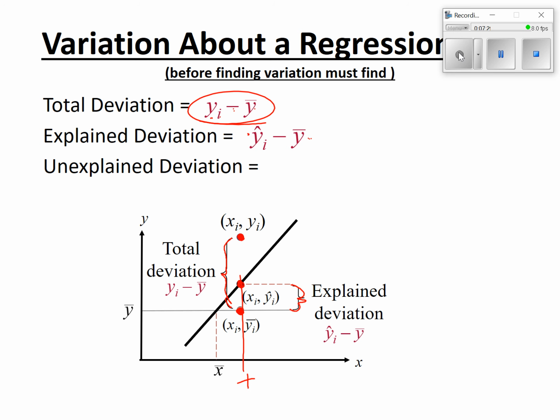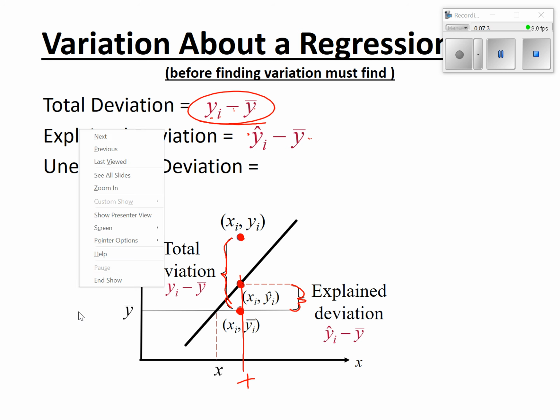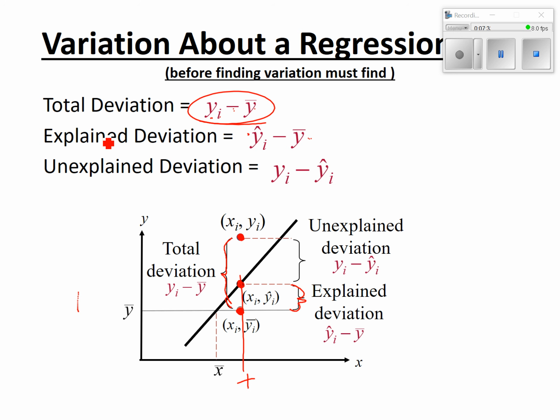The unexplained deviation is this part from what we predicted up to what the actual point was in the data. So it's that distance. That's the part of the deviation that we cannot explain.